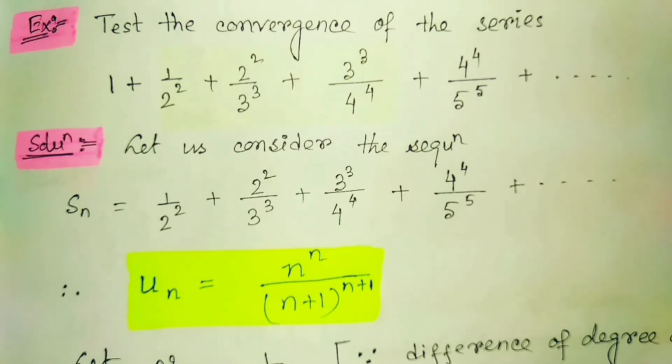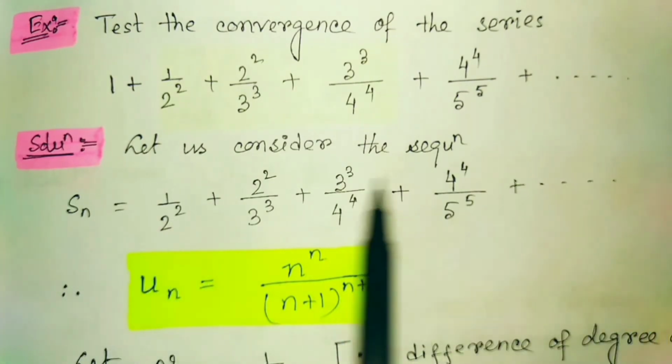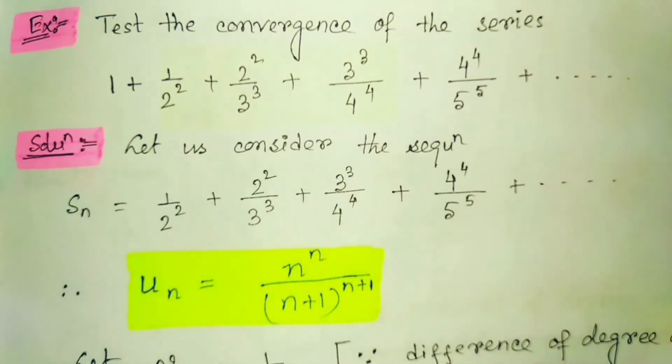First of all, let us consider the nth partial sum where we omit this first term. If we omit this first term, then we get an infinite series, and we know that insertion or deletion of a few terms will not change the nature of the series. That is a fundamental theorem of series.